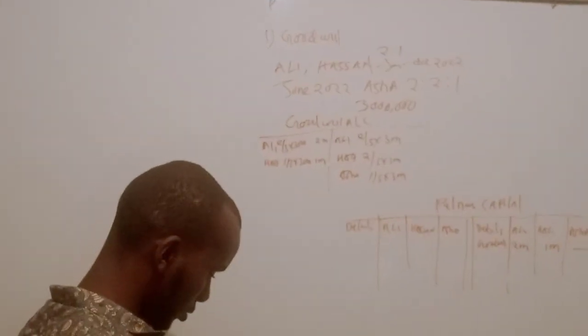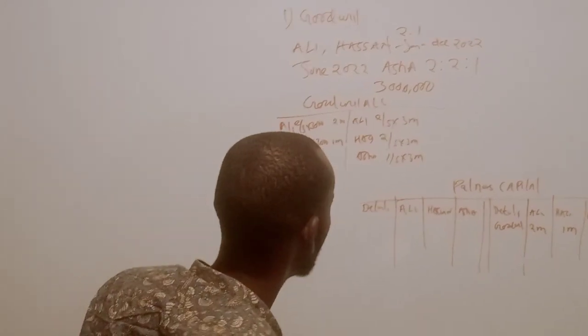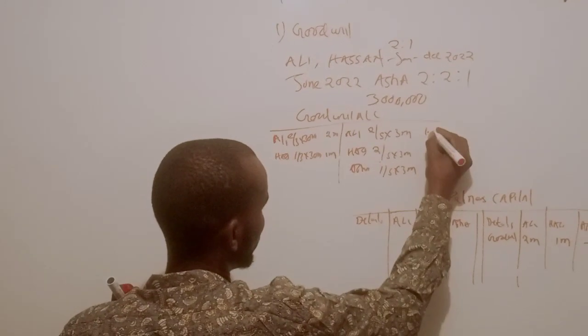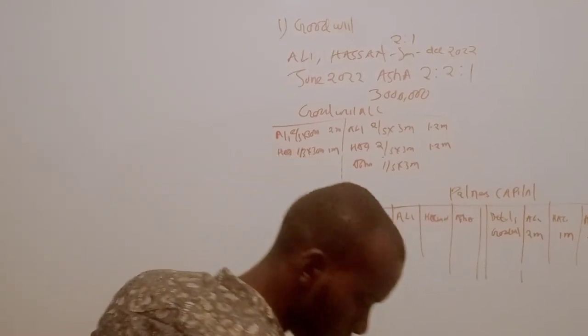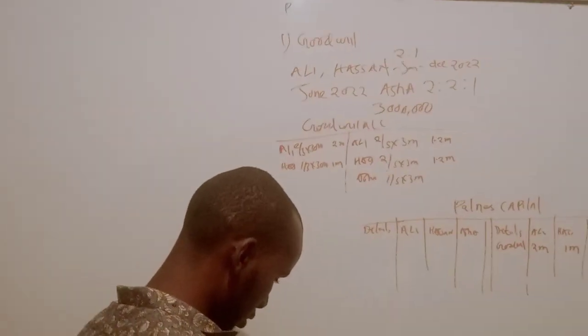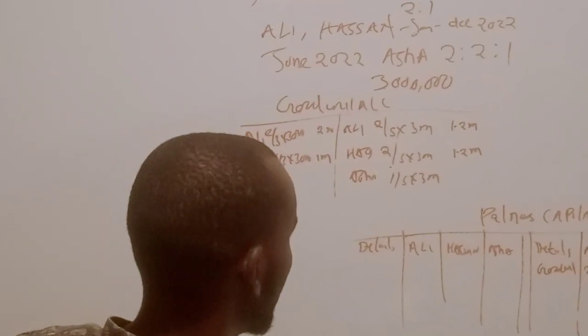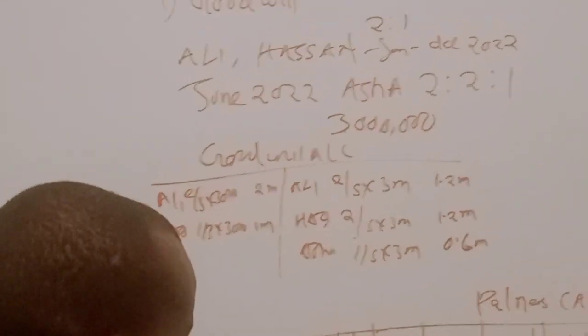Now if we get 2/5 times 3 million, it is 1.2 million. This is 1.2 million, and this is 1.2 million. And for the other one, it will be 600, that is 0.6 million.